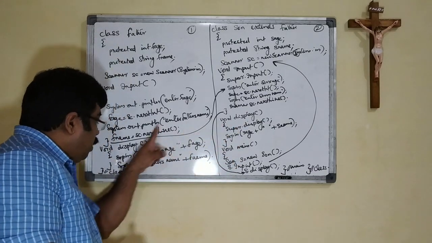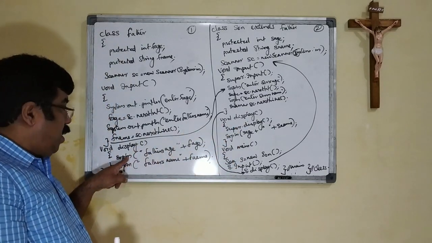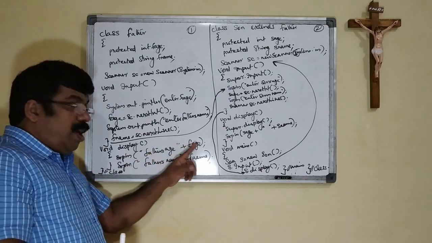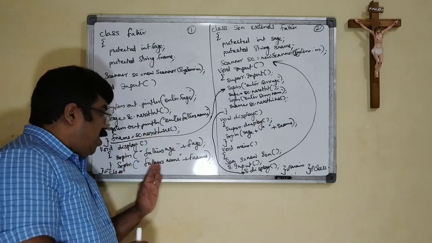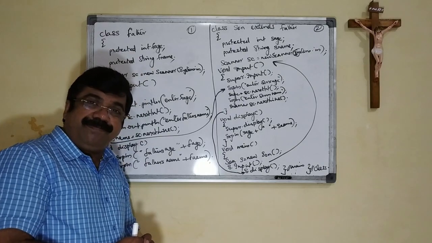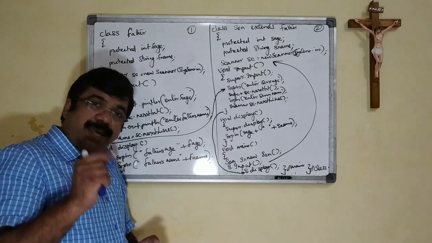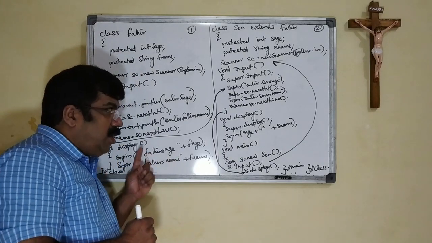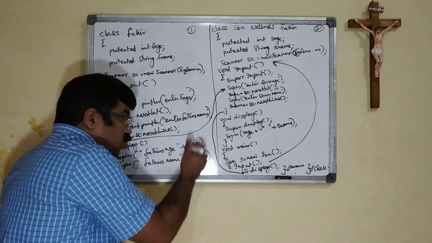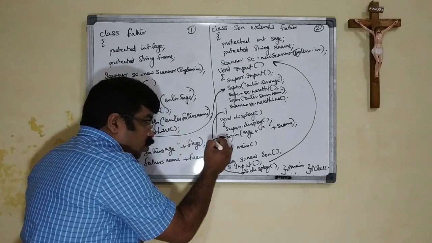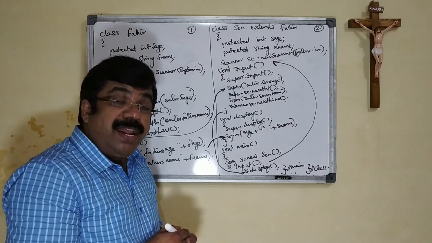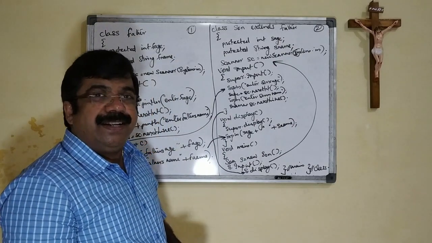Okay, so we reached here. SOPLN father's age as well as father's name. Okay, once it is finished, as we saw in the previous one, we will come back to the next line in the calling function.